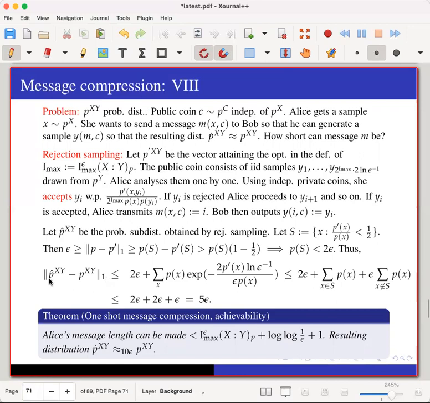But this is a subdistribution; the probabilities of P hat don't add up to 1, they add up to something less than 1. If you want to make it into a genuine distribution where probabilities add up to 1, the 5 epsilon becomes 10 epsilon. I hope this jogs your memory. Yeah, got it. Thanks. Any more questions?